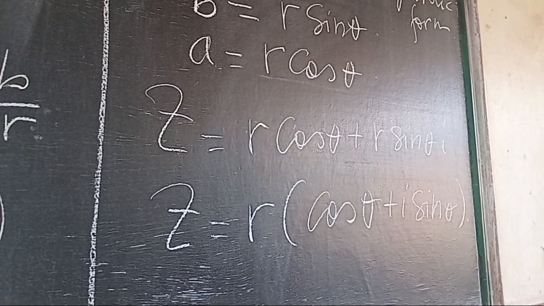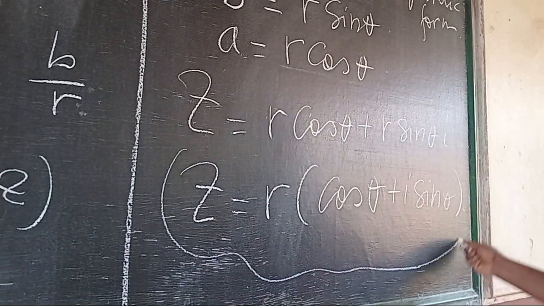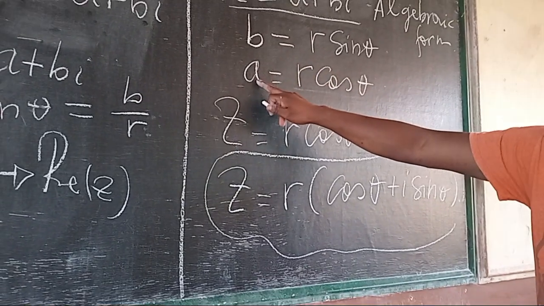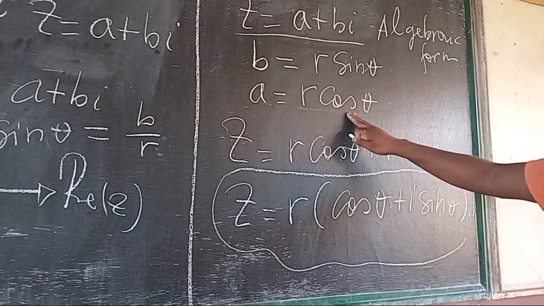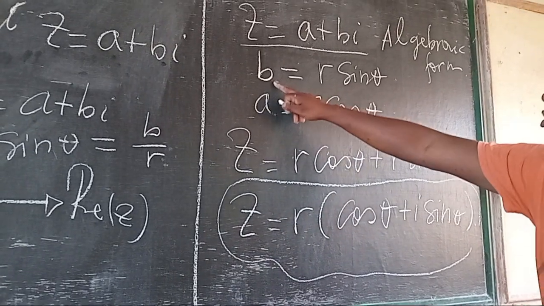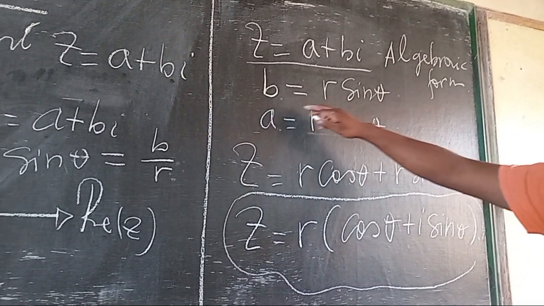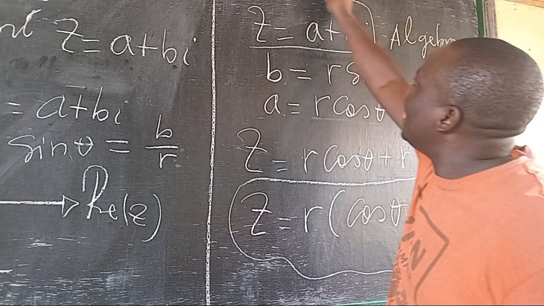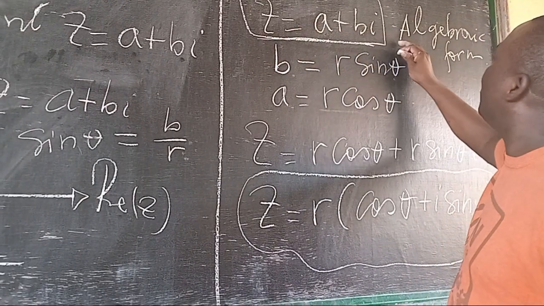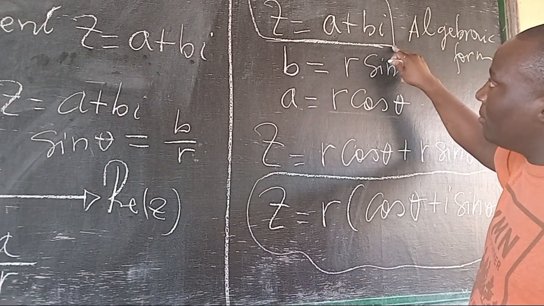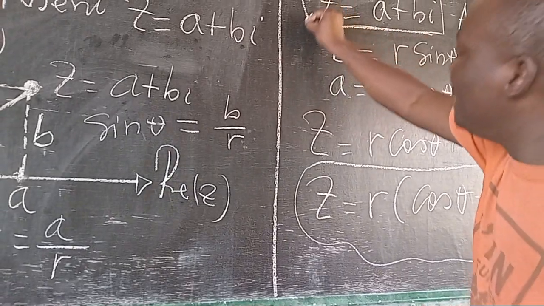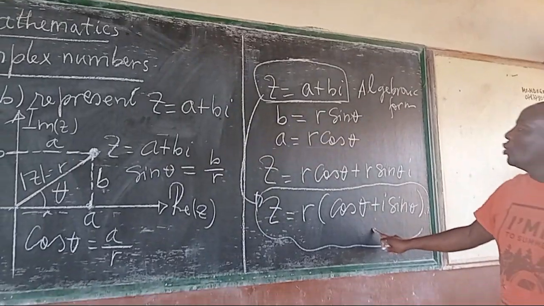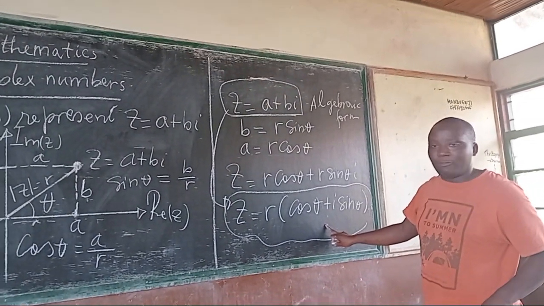Then, as you see here, teachers, I transform the value of the real part into trigonometric form. Again, I transform the value of the imaginary part into trigonometric form. Then my given complex number, expressed in the standard or algebraic form, becomes this one in the form of trigonometric form or polar form.